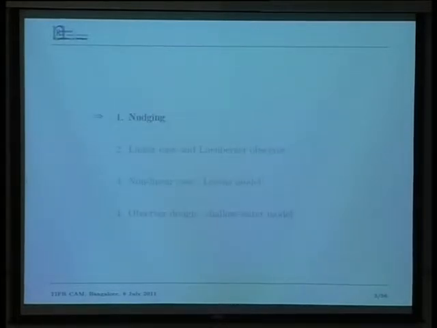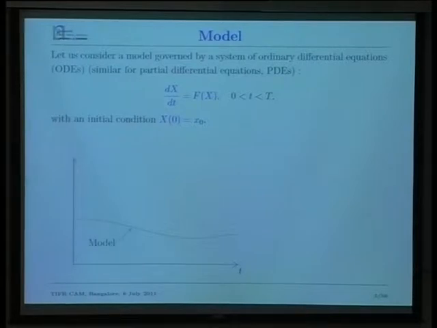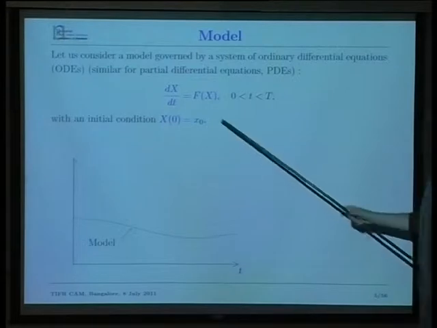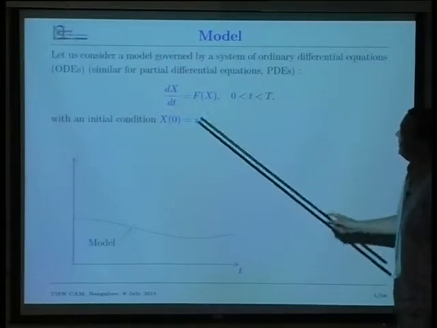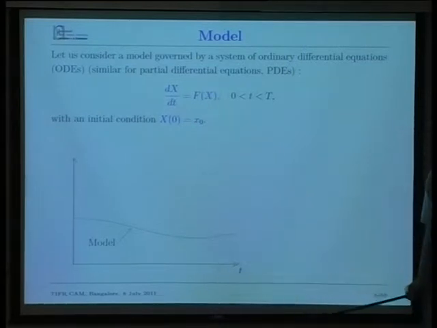So first, the nudging. I consider a very simple model, dx over dt equal f of x, but almost any geophysical model can be written like that. So it could be partial derivatives here, and in f of x you have everything, all the spatial differential terms.